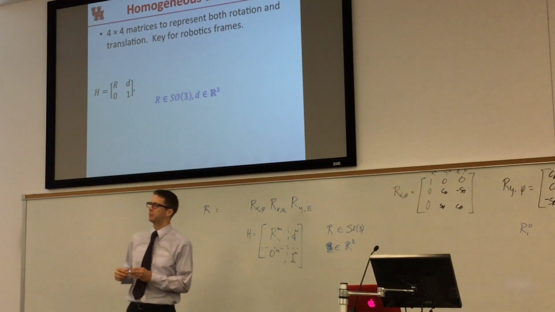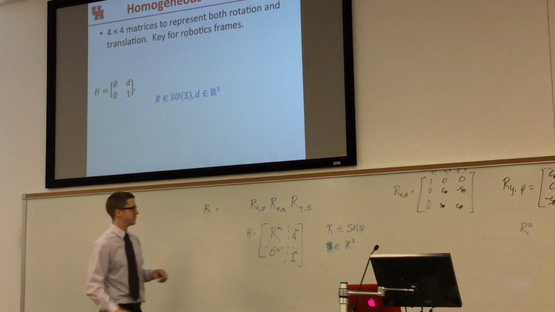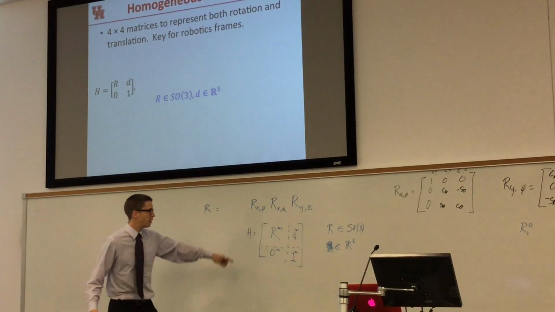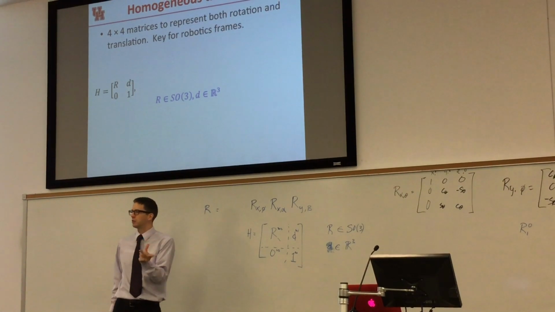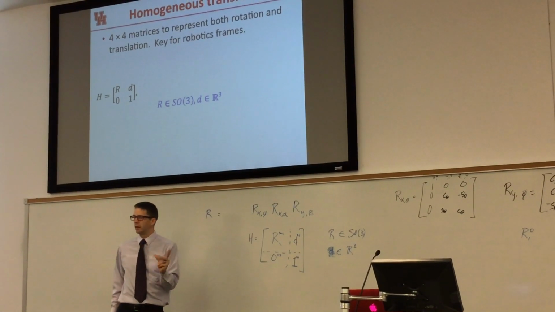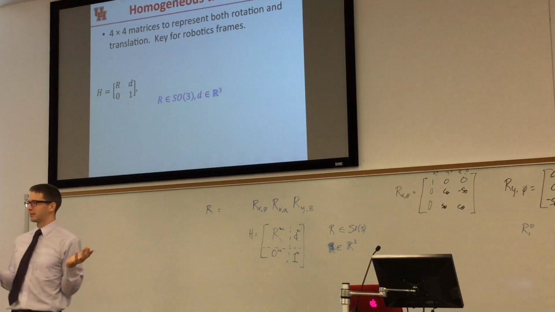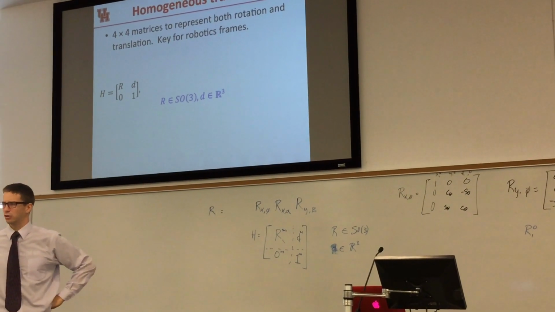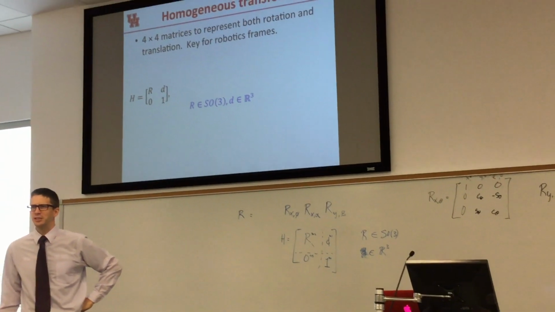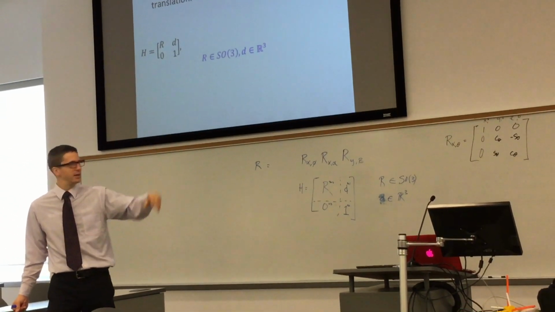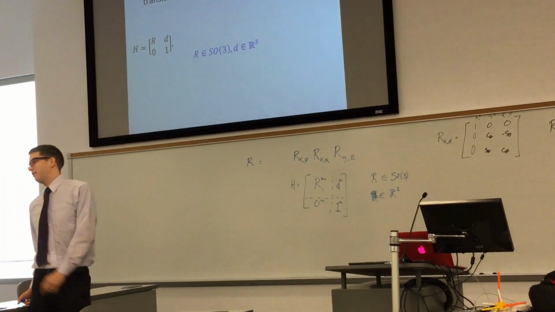So this is Euclidean 3-space. So this D tells me the translation of my origin, and this R tells me how my coordinate vectors rotated. We put those two together. Remember, there's 6 degrees of freedom for an object in free space, and there's some bloat going on here. How many numbers do I have here?